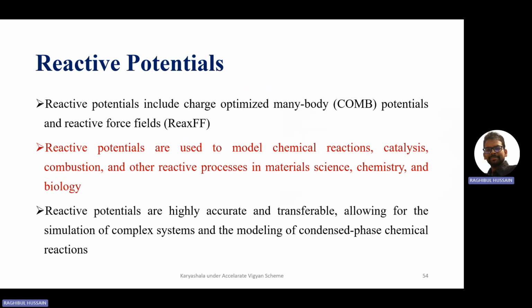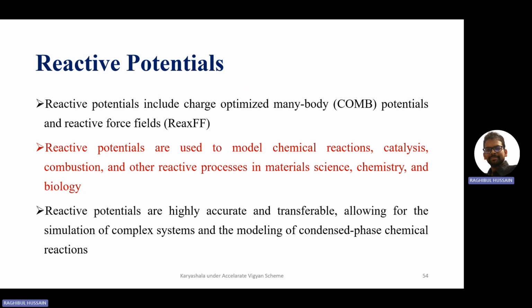Again, the reactive potential includes the charge optimized many body potential and the reactive force field, or ReaxFF. There is a particular software package, and then you can do all your simulation.